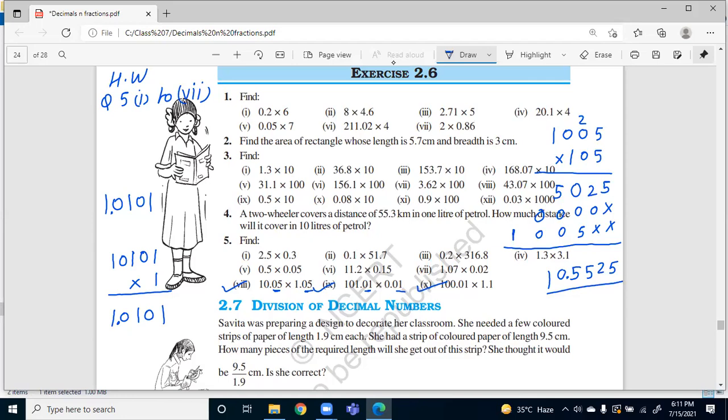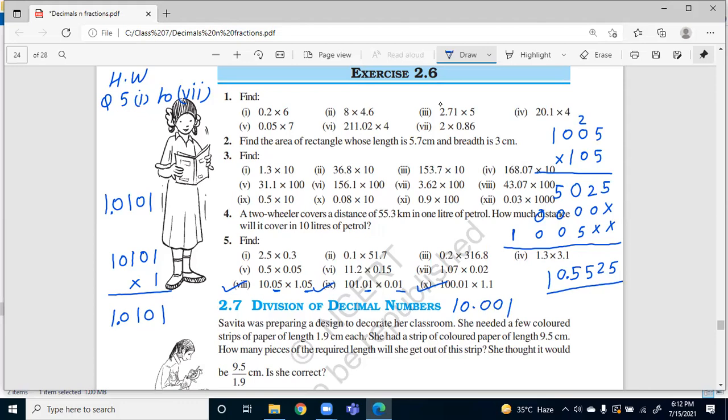Okay, so let's move to the last one, that is the 10th. I'm hoping that you all have written the 8th and 9th in your copy. Ma'am, yes, the 10th also. You have solved the 10th? Yes, ma'am. Okay, it is coming 10.001.